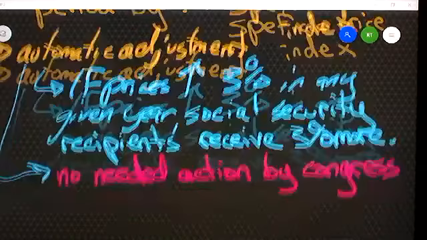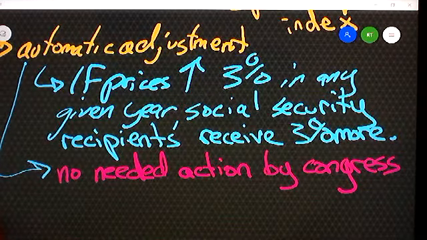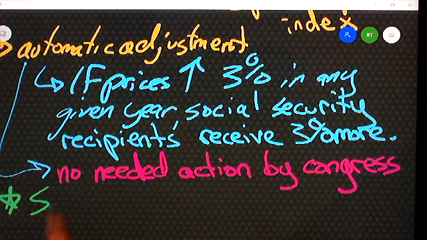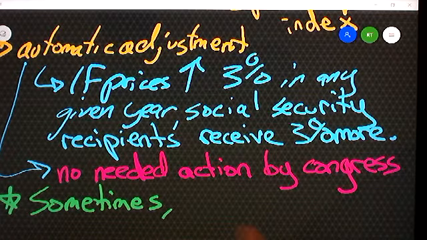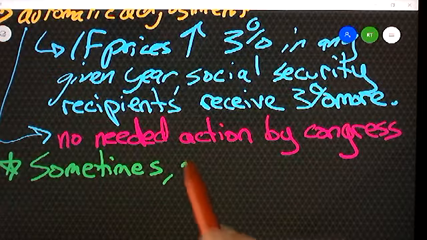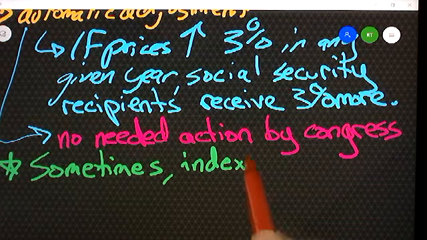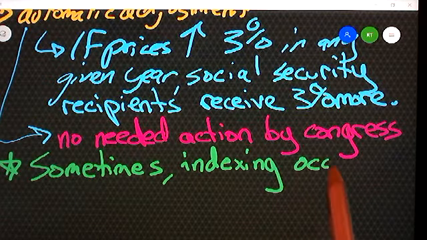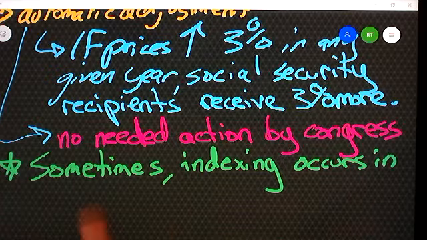Thank goodness. Sometimes we see indexing in labor contracts. I was talking about military stuff, right? They'll usually be indexing there in terms of cost of living, indexing increases, right? Indexing occurs in labor contracts.